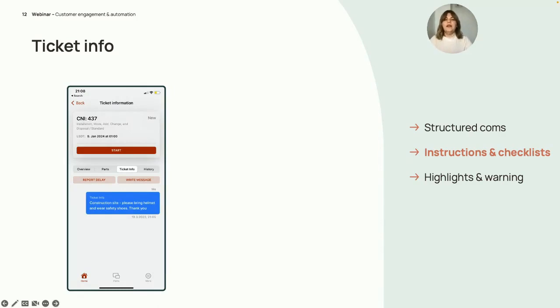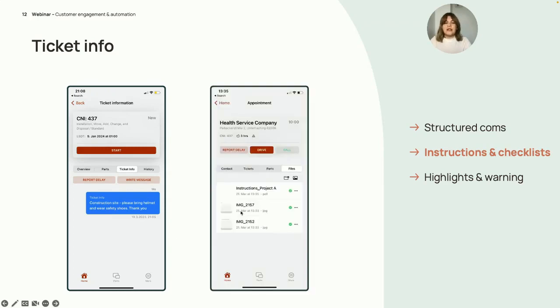For example, in this case, we have a construction site, and the app then reminds the engineer to bring and wear his safety equipment. But what you can also do is attach any important documents to the ticket. This could be instructions or pictures. And so the engineer has every information he needs on the ticket.